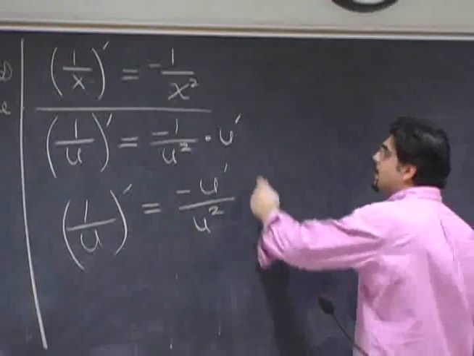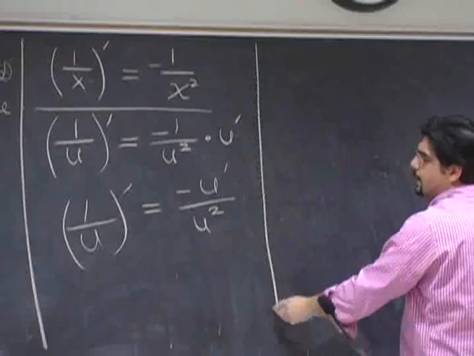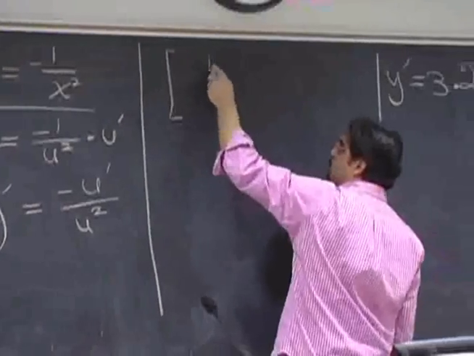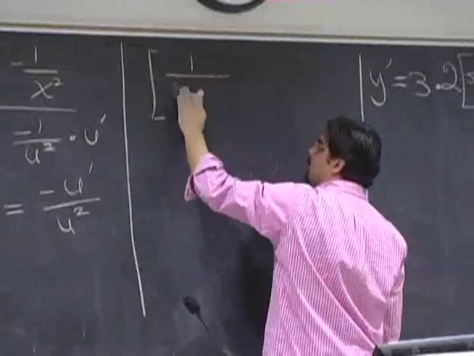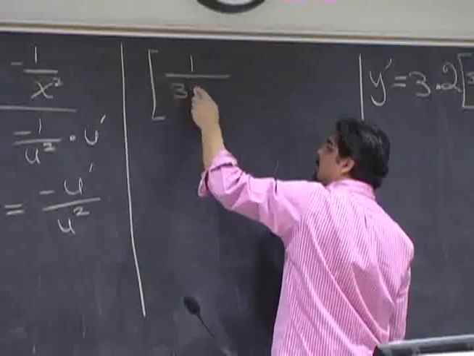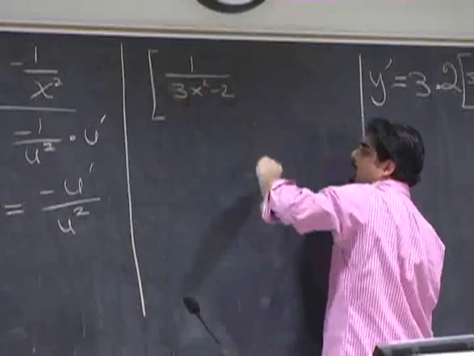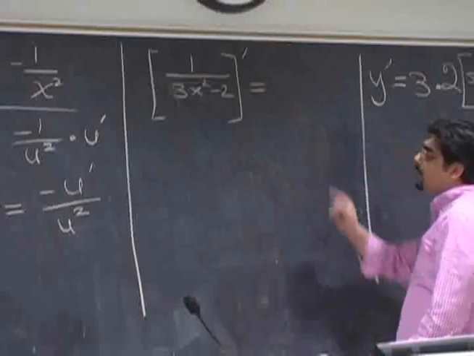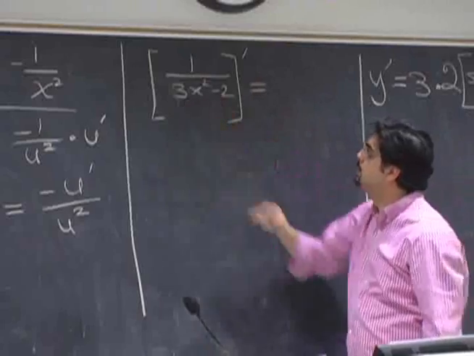And this saves a lot of time for calculating derivatives of functions that look like 1 over 3x squared minus 2, for example. So the derivative of that, you can think of this as u.